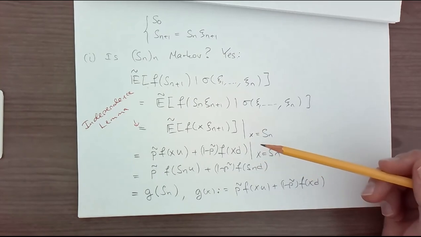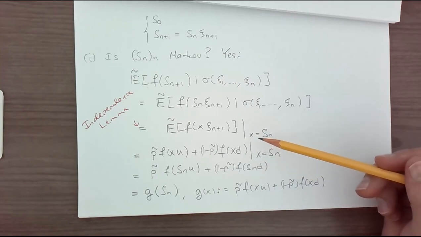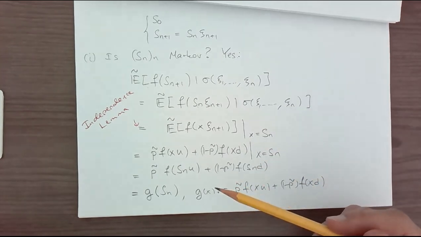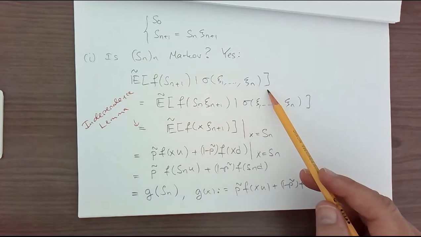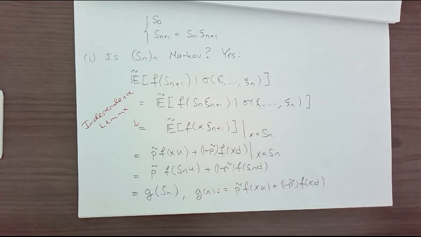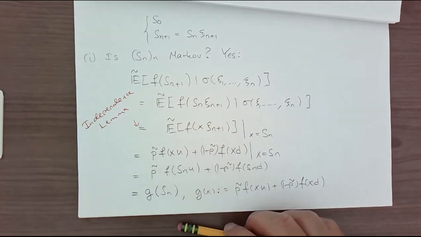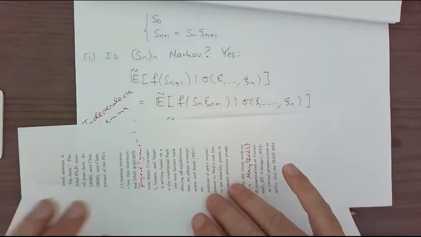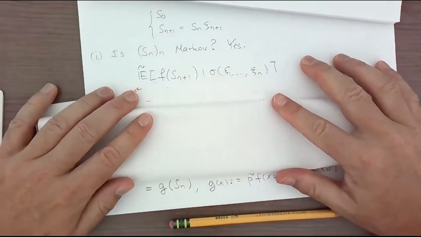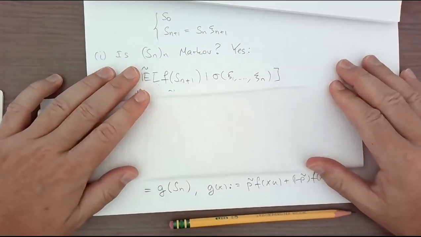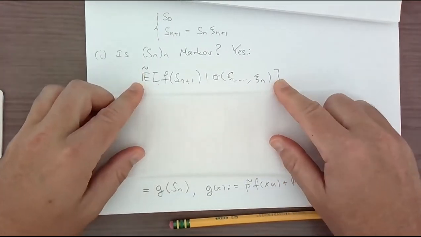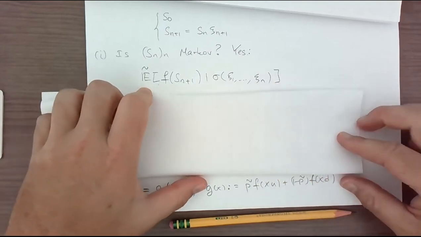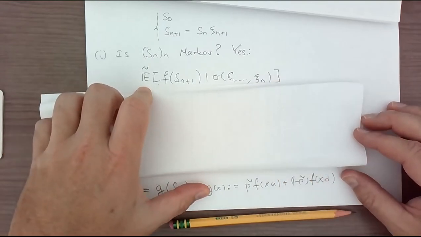If you skip steps on Monday or Tuesday next week, I will just ask you to fill them in. What you do is this calculation: compute this expectation, and you write that it is equal to G, and it has this form here.